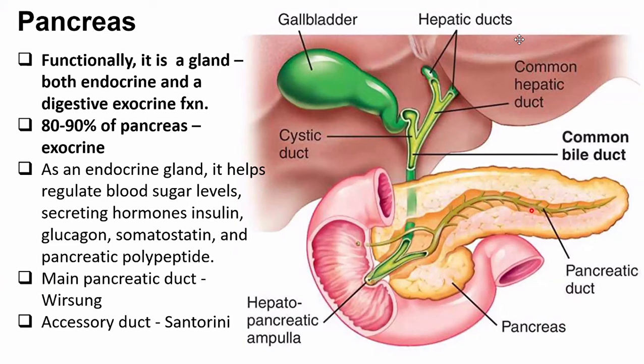The main pancreatic duct is the duct of Wirsung. So the duct of Wirsung drains most of the pancreas, and there is such a thing as an accessory duct, the duct of Santorini, this very small one, which only drains a very small portion of the pancreas.